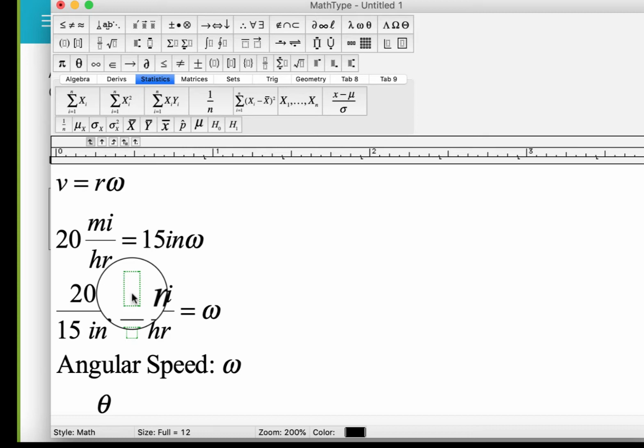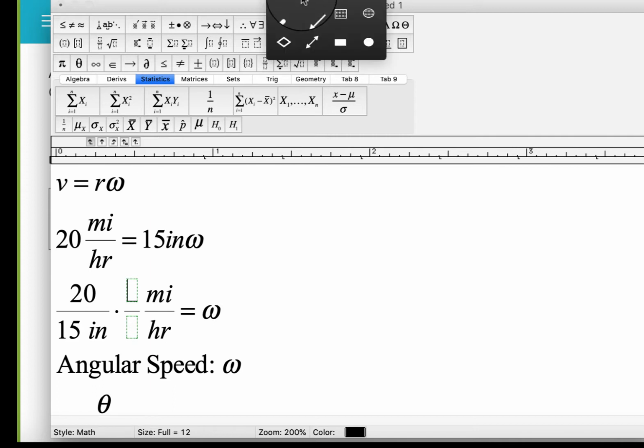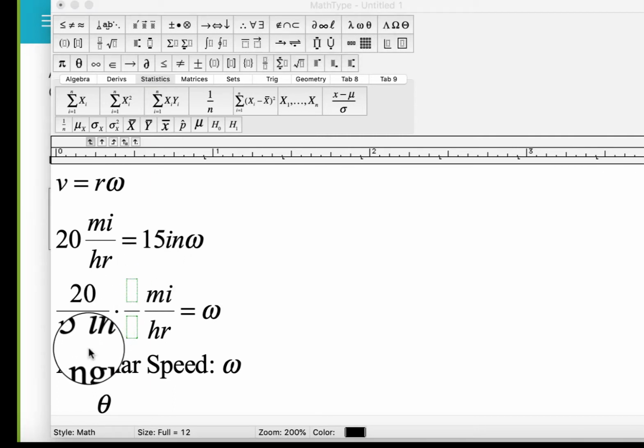So then I have to ask myself, where should I put the inches? And I notice in my problem here, I have inches in the denominator, so then I want to make sure that my 12 inches is in the numerator.